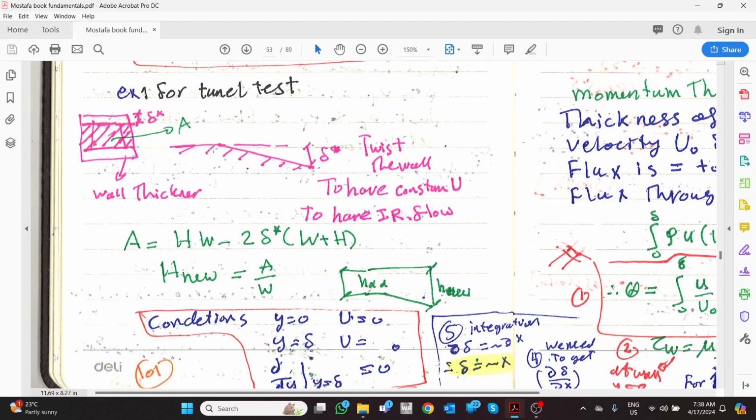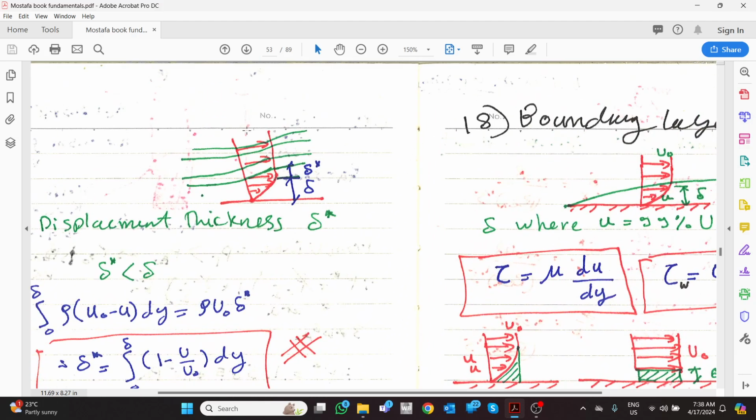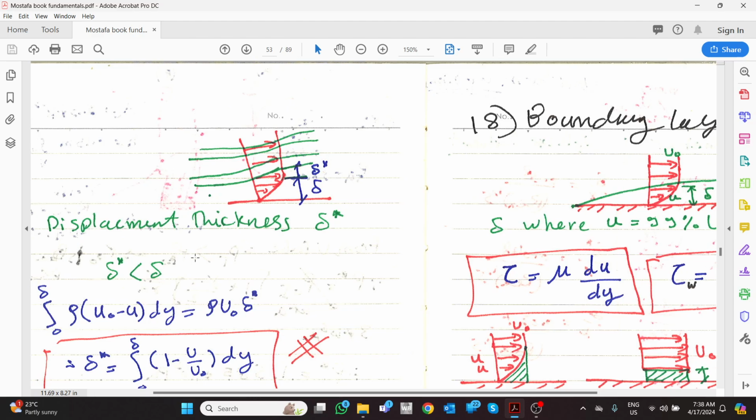For example, in wind tunnels, they design the wind tunnel with a diverging wall like this, of course from bottom and from top, or sometimes from bottom only, to increase the area of the flow based on the increase of the displacement thickness.